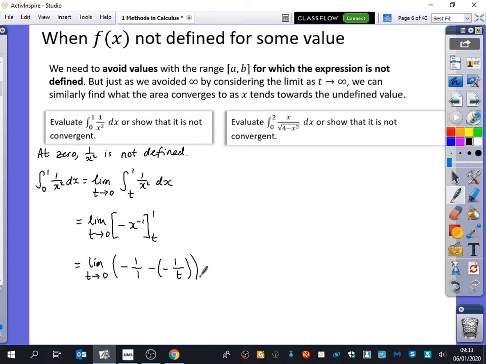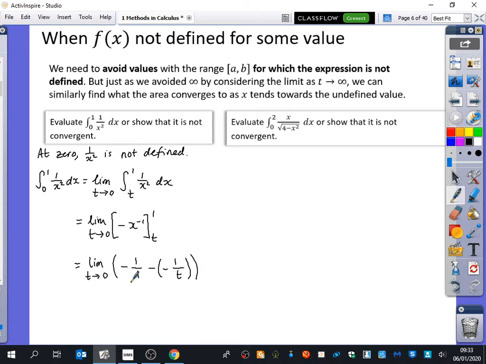So what happens to this as t goes towards 0? We get -1 plus infinity. Yeah, so you get -1 here, plus 1 over a tiny, tiny number is going to a huge number. So this thing here tends towards infinity. So does it converge? No, it does not converge.